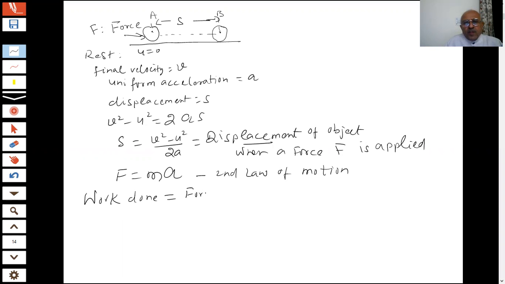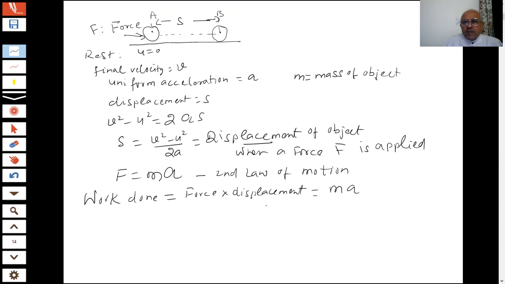Work done is force into displacement. And what is the force here? If M is the mass of the object, then force is M into a.